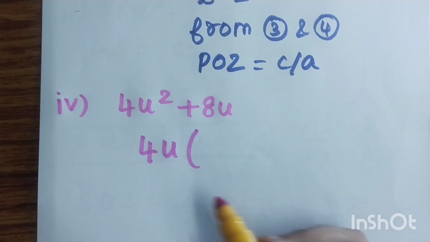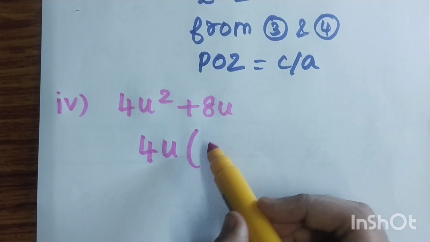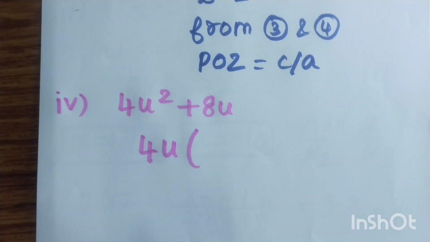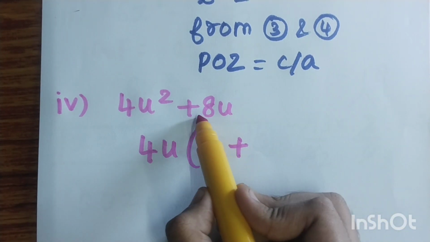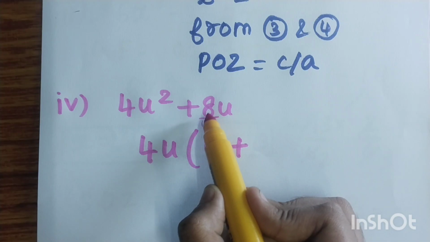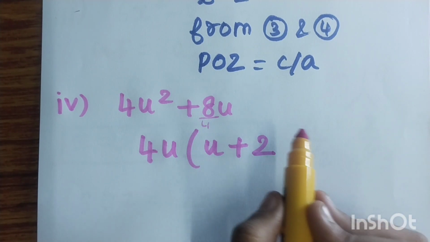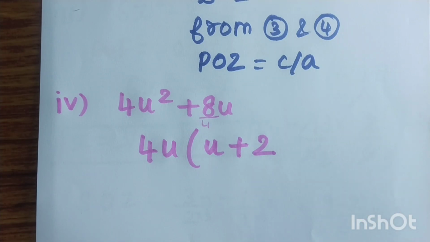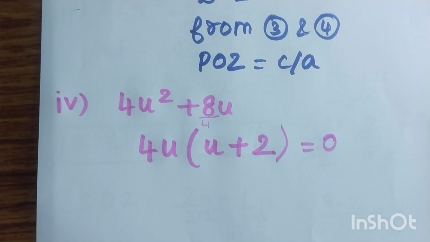If I take 4u common out, 4 is gone, so I can't write 4 again. And 1 u is taken out, so remaining only 1 u is there. And here it is divided by 4, right? If I divide 8 by 4, that is nothing but 2, and I have taken 1u common out from the 8u term also. So there is no balance, so I can close my bracket. So it is equal to 0.